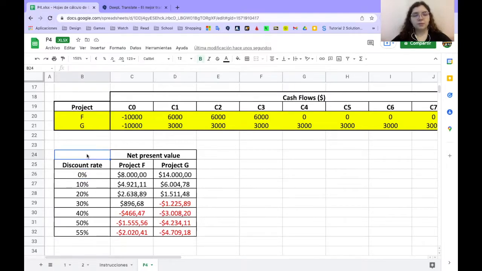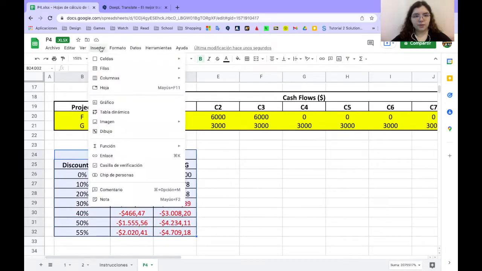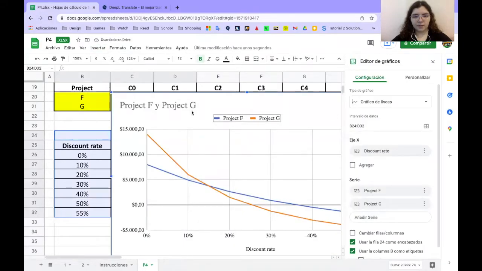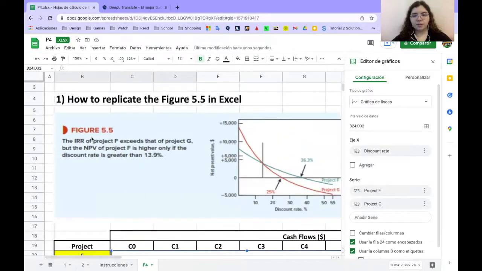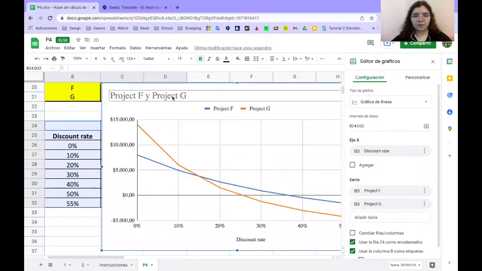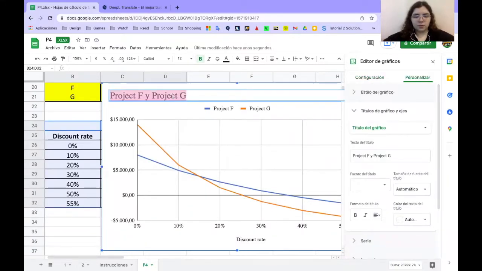And well, next we're going to do the graphic. All you have to do is select the data. You insert a graphic. And here you have it. Next, so it's more similar to the one in the book, we are going to personalize it. Here I'm going to put the name of the figure, 5.5.